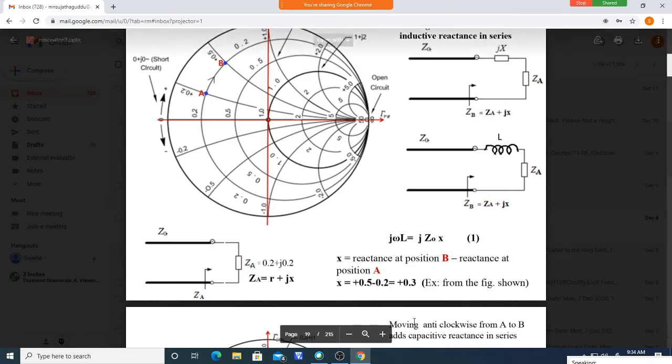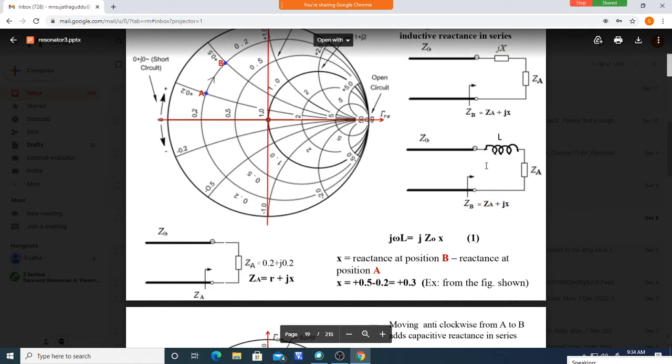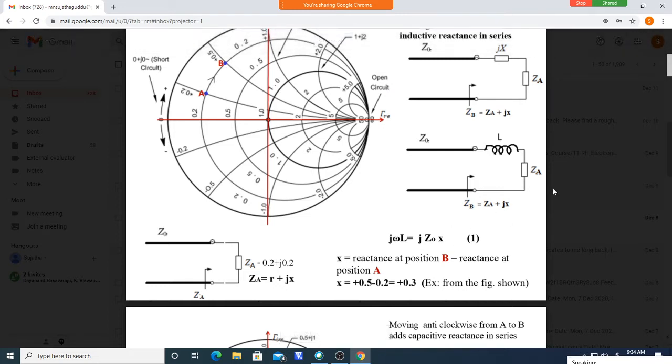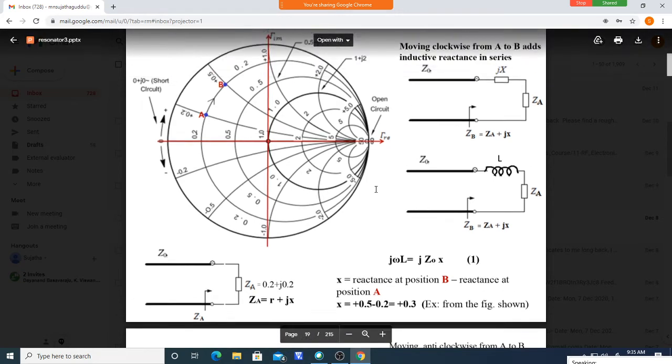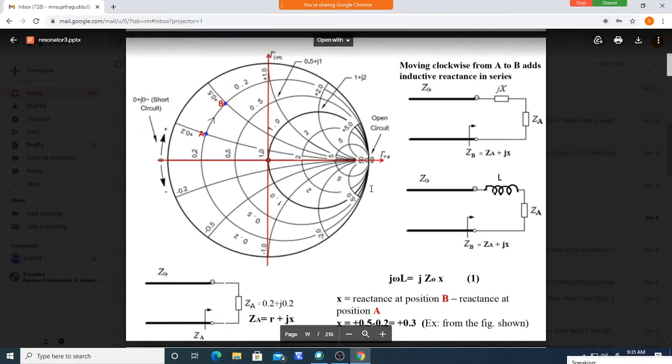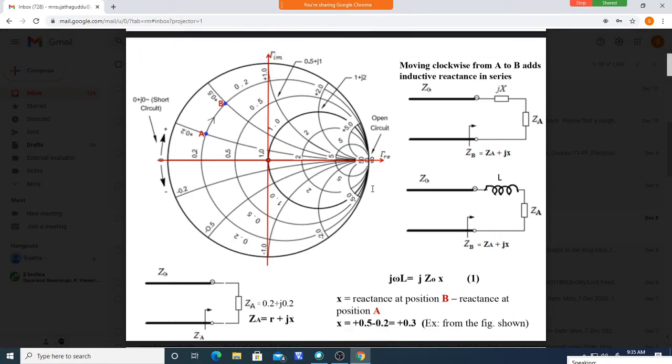Substitute that here, and from this equation you can get the inductor value. Just find the reactance at both points, take the difference and substitute it in this equation. You will get the inductor value. Understood here? So that is the way of getting the inductor value.